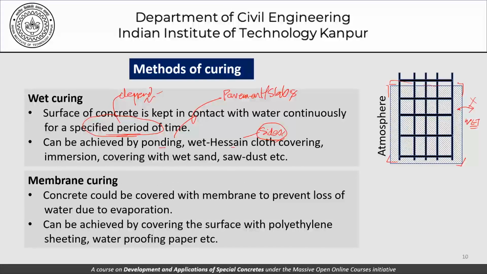Now, what is membrane curing? Membrane curing refers to concrete being covered with a membrane to prevent loss of water due to evaporation. This can be achieved by covering the concrete surface with a polyethylene sheeting, waterproofing paper, or something similar. Now, this is something which could be popular where the surface area involved is large.